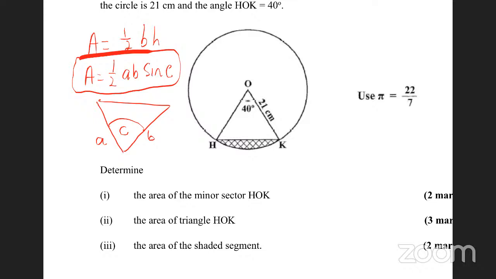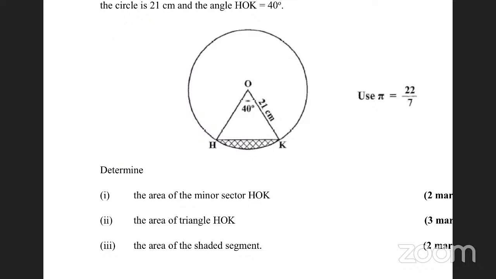All right, let's see what you got. Part 1, area of the minor sector. Right, the formula is theta on 360 multiplied by pi r squared.